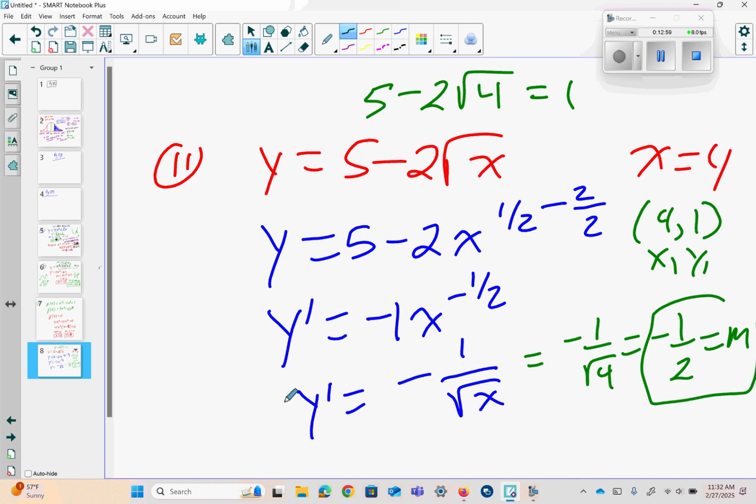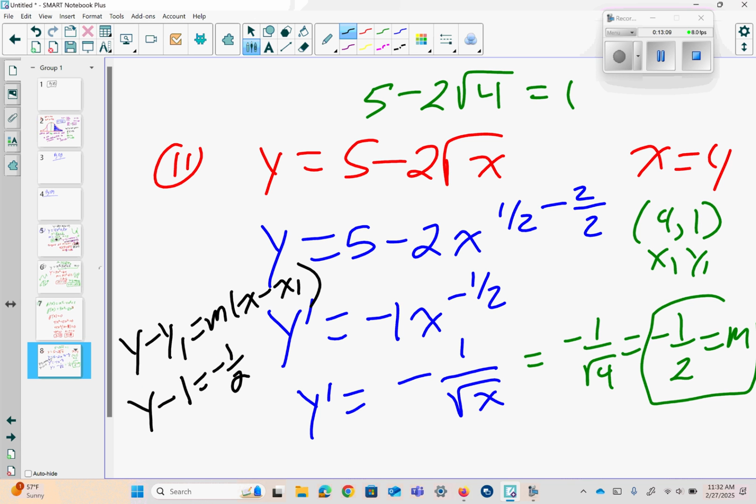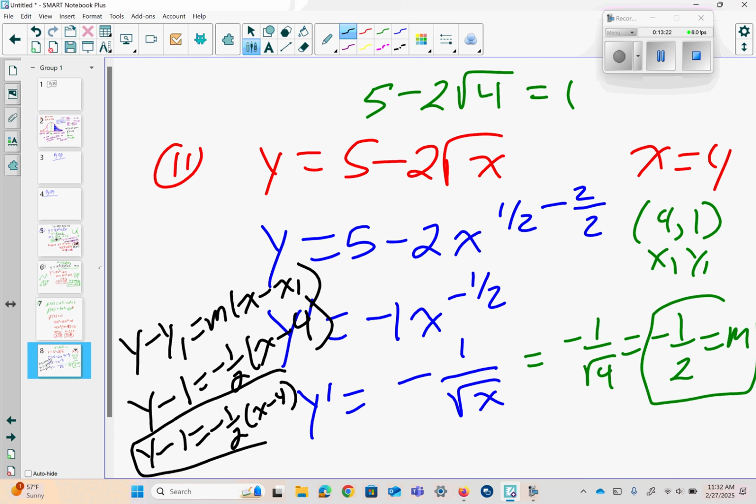And so if I plug into my point-slope equation, I'm going to get y minus 1 equals -1/2 times x minus 4. I don't know if you can see that. I'll rewrite it down here. And that's our equation.